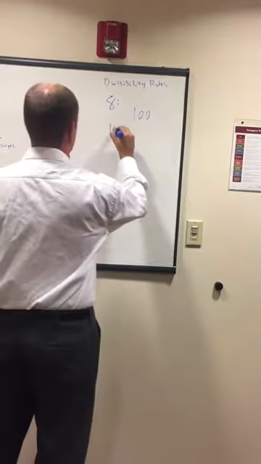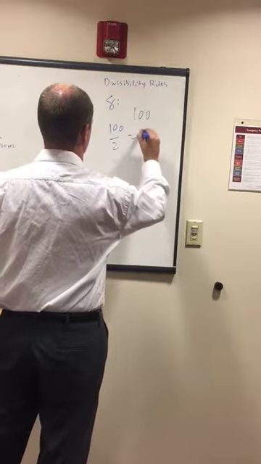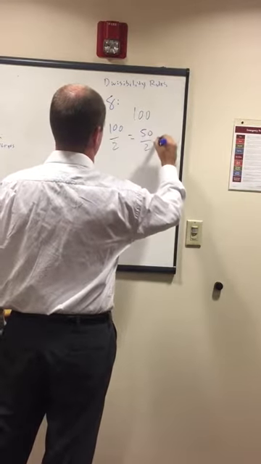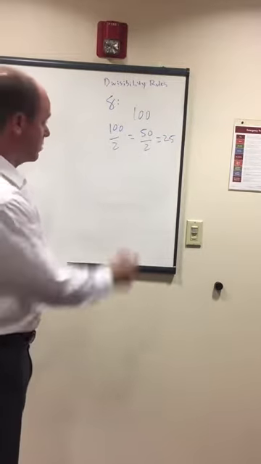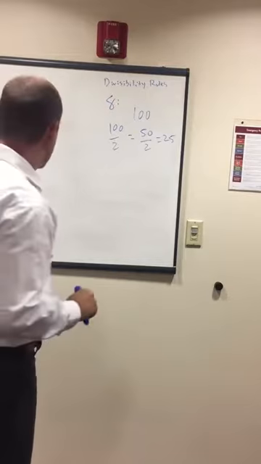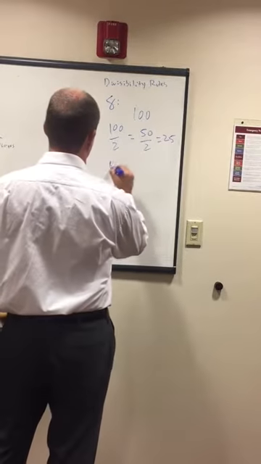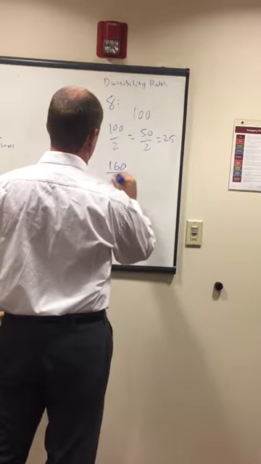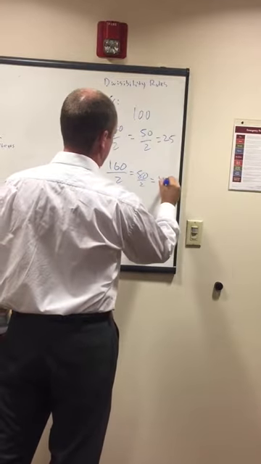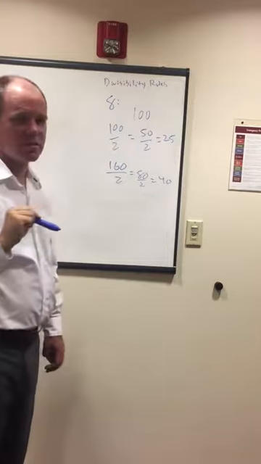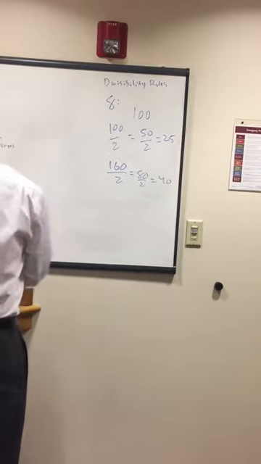So 100 divided by 2 equals 50. 50 divided by 2 equals 25. So it can divide by 2 twice, but we end up with 25. That's an odd number, no good, right? What about 160? 160 divided by 2 equals 80. 80 divided by 2 is 40, and that's a good one, right? That's how we do that.